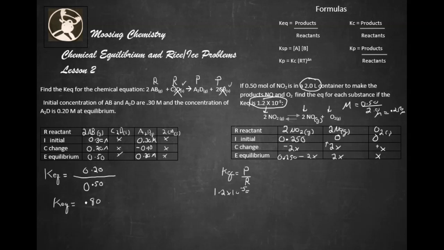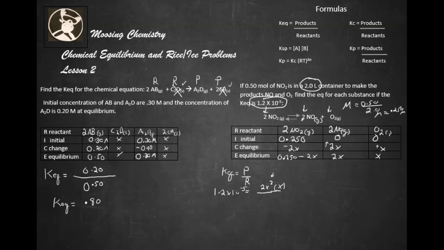That's going to equal, we have 2x, right? So our products are going to give me 2x squared times x. Why? Because this 2 gives us this 2 right here.